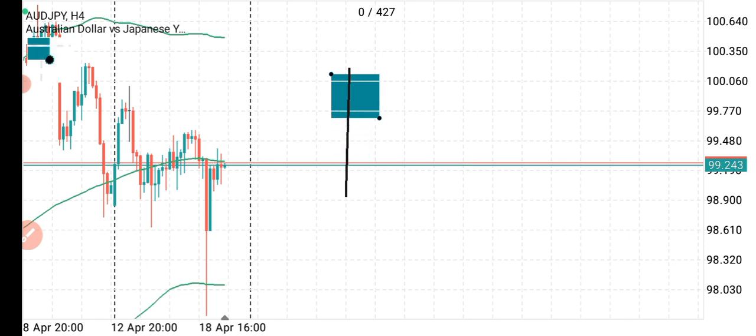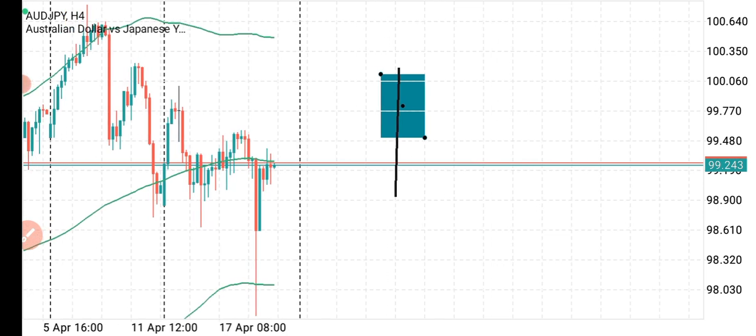Now, we said every candlestick is a fight between a buyer and a seller. So you can see most of the time a candle will form in this way. This is a doji.